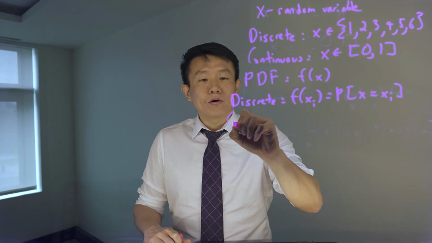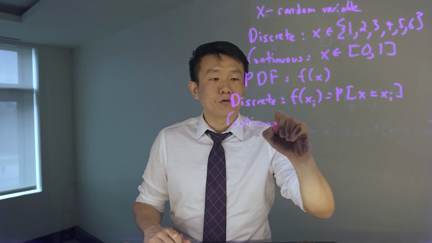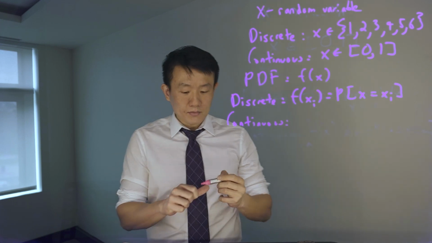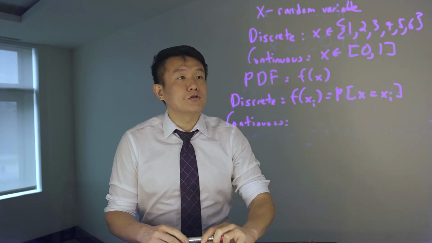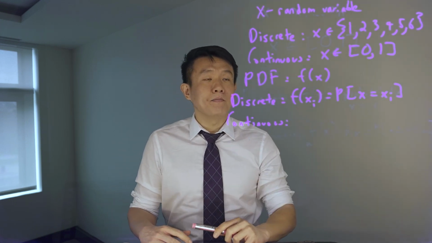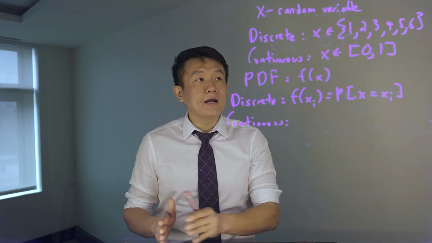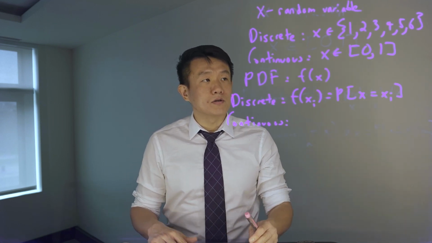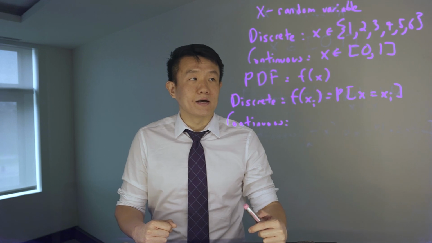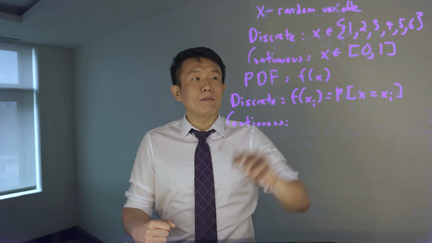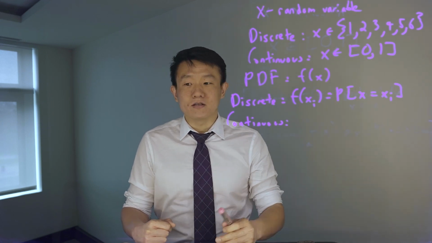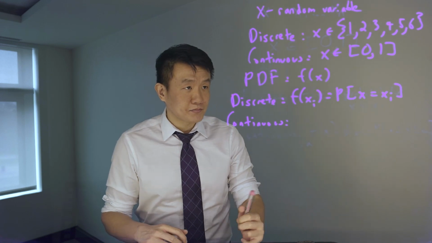But this is not going to be true for a continuous random variable, because if I look at a continuous random variable like this x here, x can take on any value between 0 and 1. So there's an infinite number of values it can take. And the probability that it takes on each of these values is 0.